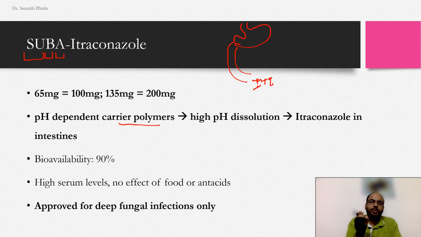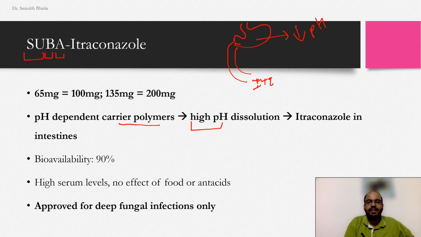What happens in SUBA-Itraconazole is these are carrier polymers which have the molecule of itraconazole incorporated inside them. And these carrier molecules will dissolve only when they come in contact with high pH. And in the stomach we have acid, that means low pH. So SUBA-Itraconazole is spared destruction by stomach acid.